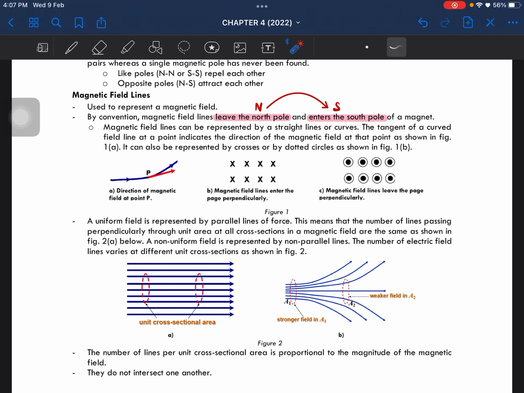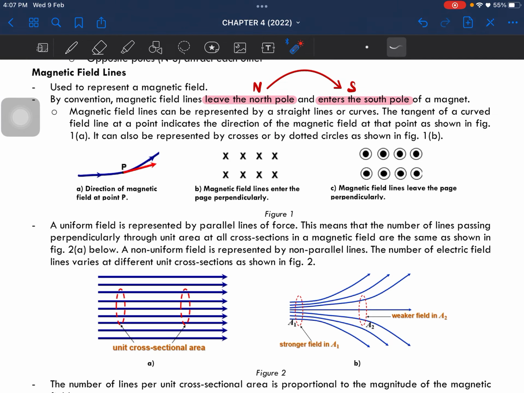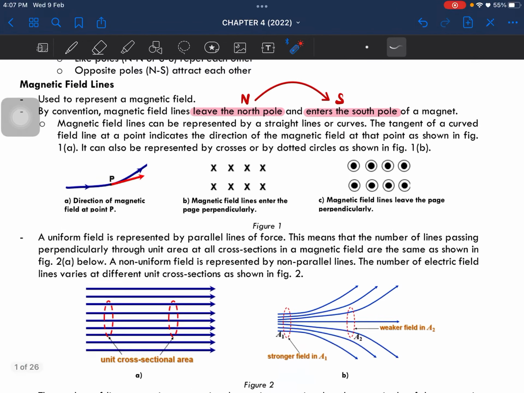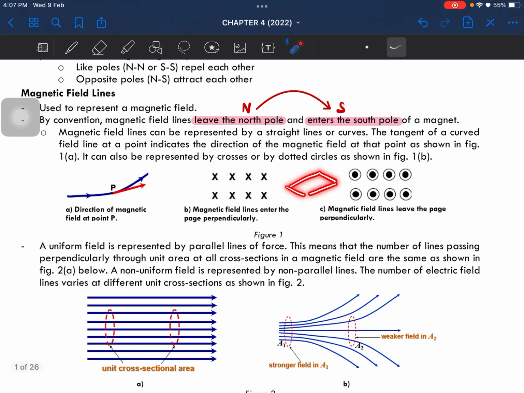Okay, so it can also be represented by crosses or by dots. For example, this is your paper, and if the magnetic field is entering this paper, what we will see from above, so this is our eyes, is an X. That means the magnetic field lines are entering the page perpendicularly.